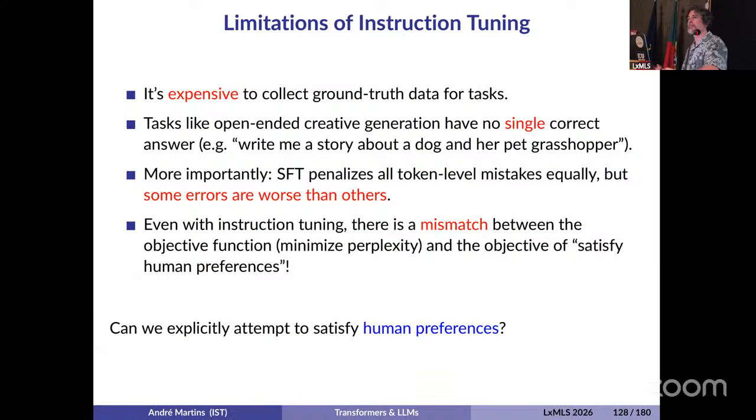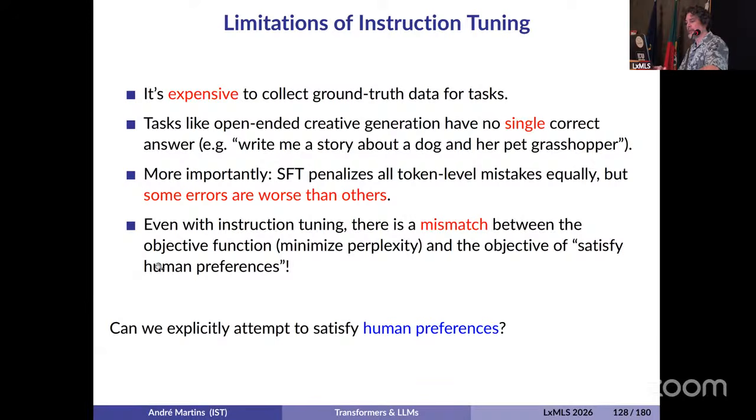There are many plausible, good ways of generating text. And if you just provide some answers collected by a person or synthetically, you are going to provide feedback to the model about only a single answer, and you are not valuing other plausible ways of continuing that story. So we are not letting the model explore how it should go about completing the story.